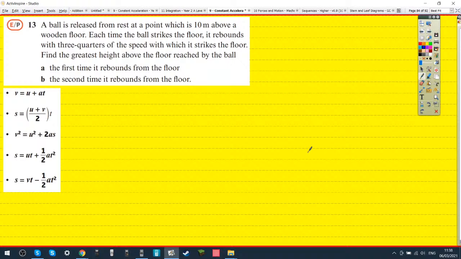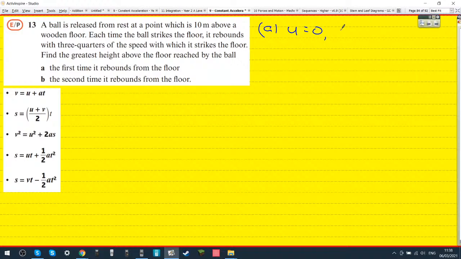So initial velocity is 0. Yep. S is 10. A is minus 9.8. Either they're both positive or they're both negative. So S is just 9.8 then. So A is 9.8, S is 10.